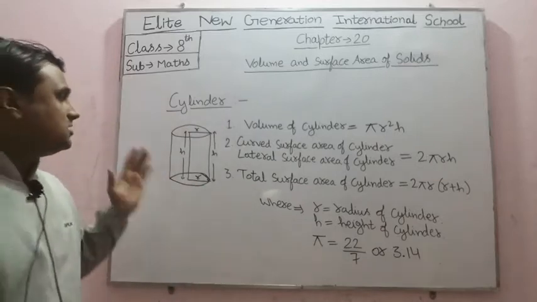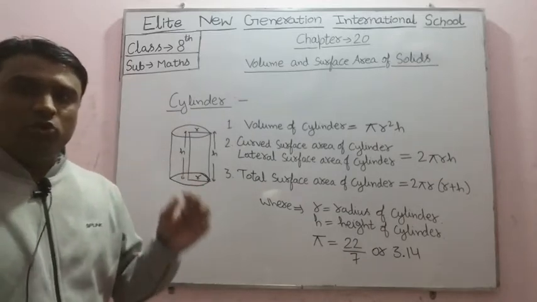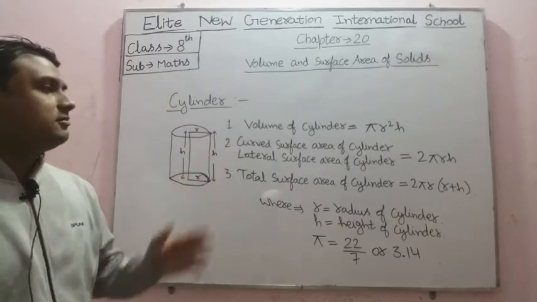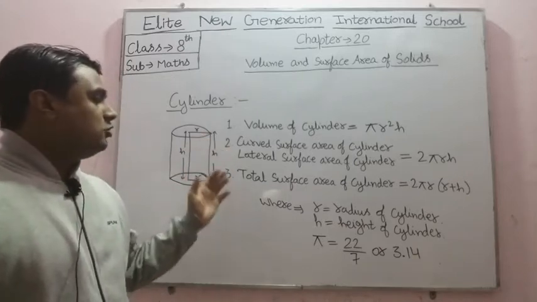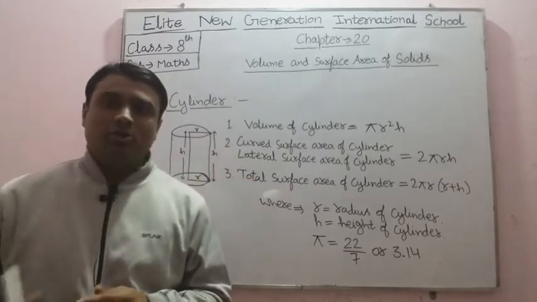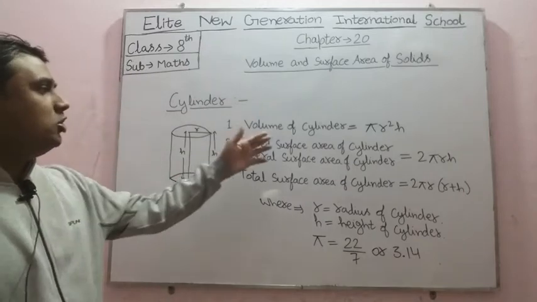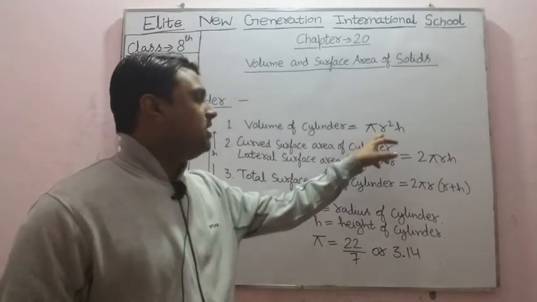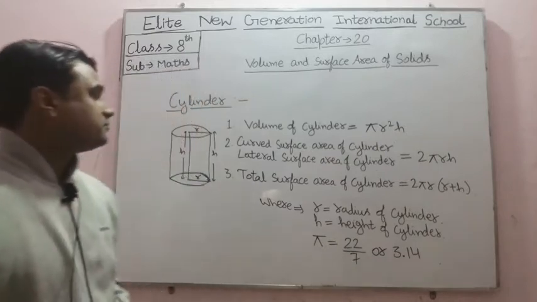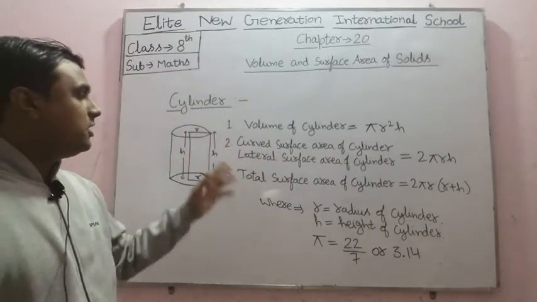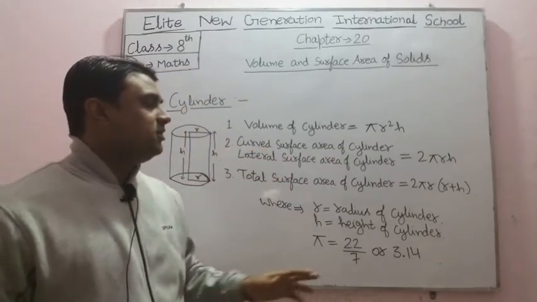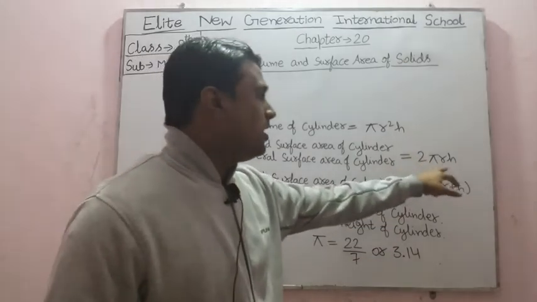In this cylinder topic, we will study volume of cylinder, curved and lateral surface area of cylinder, and total surface area of cylinder. The formula for volume of cylinder is pi r square h. Curved surface area or lateral surface area of cylinder is equal to 2 pi r h.